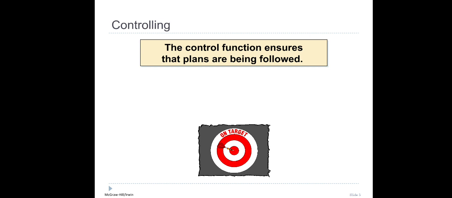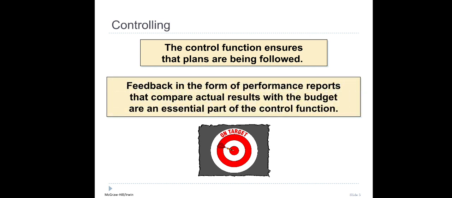Okay, and then the third function of a manager is that he has to do controlling activities. He has to control the things that happen in the business. The control function ensures that plans are being followed. Feedback in the form of performance reports that compare actual results with the budget is an essential part of the control function.